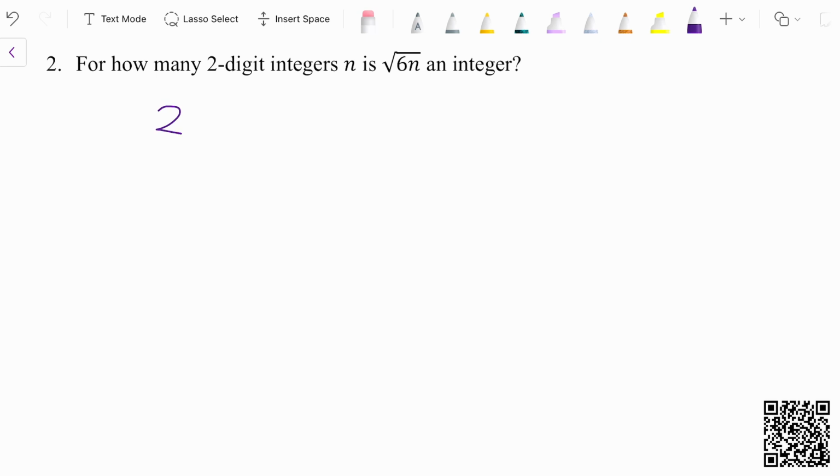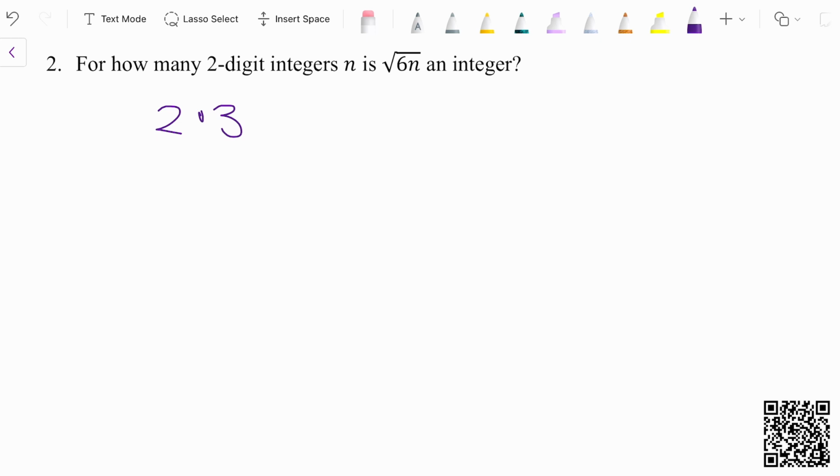So 6 can be split into 2 times 3. If we're trying to make a perfect square, there has to be an even number power of the same thing to be able to take it out of the radical. So n will fix the parts that are not yet square to make it able to be taken out.